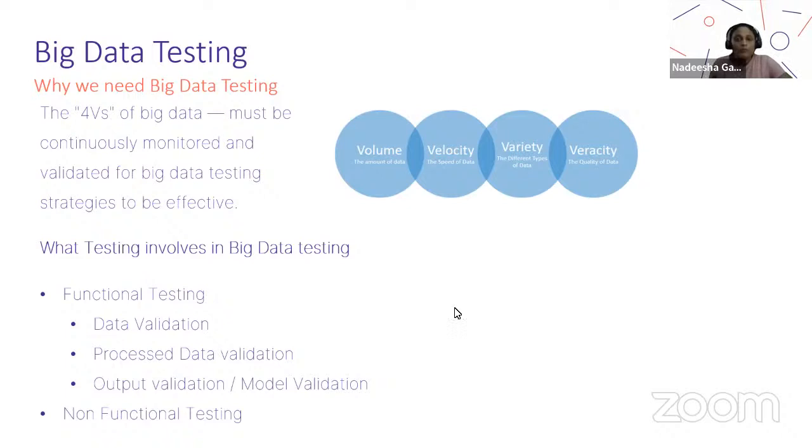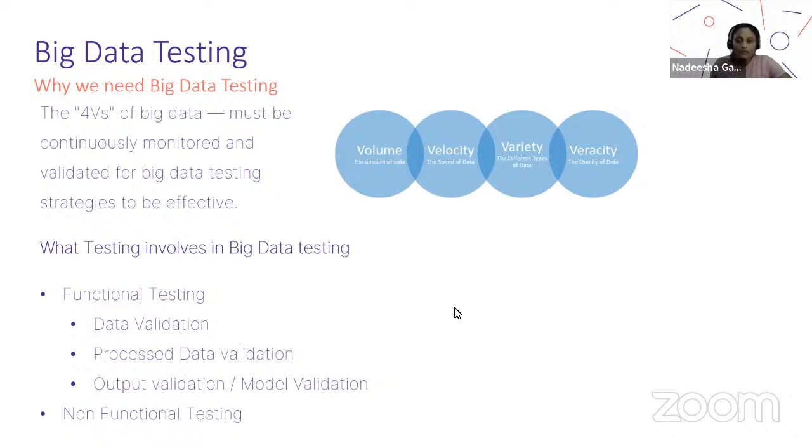The second one is process validation. In that stage, we need to make sure that all the processing techniques or exploratory data analysis are applied correctly. The last one is outcome validation.